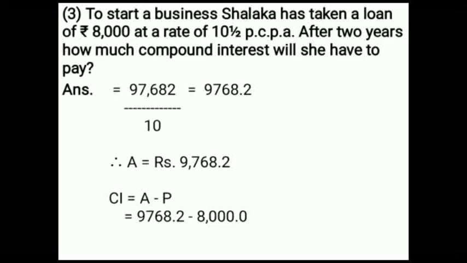Principal which is given, that number you don't have the decimal point, so you have to take 0.0 when you are subtracting, because amount you got the number in decimal point. After decimal point there is one digit, so that's why you have to take second number. If you don't have decimal point, you have to take 0.0, and then now you have to subtract.